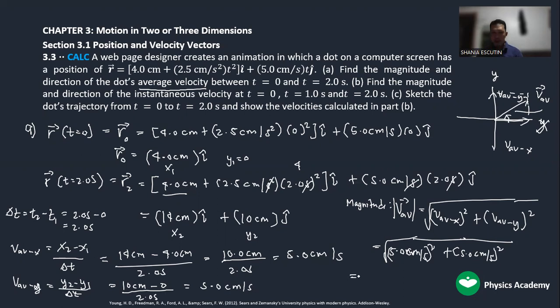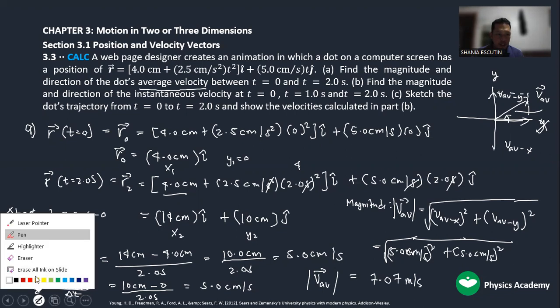Bear with me. We have the square root of 5 squared plus 5 squared, so we have 7.07 centimeters per second. This is the magnitude of our average velocity vector.